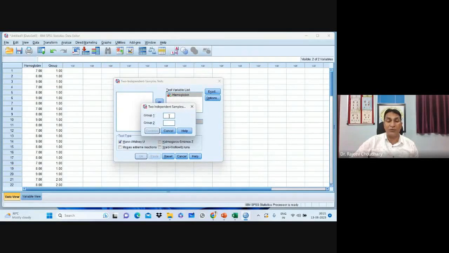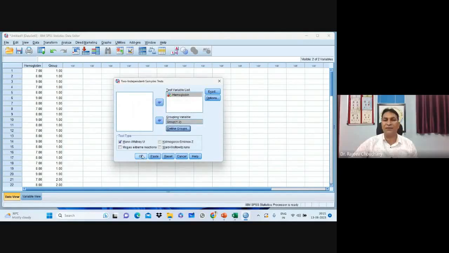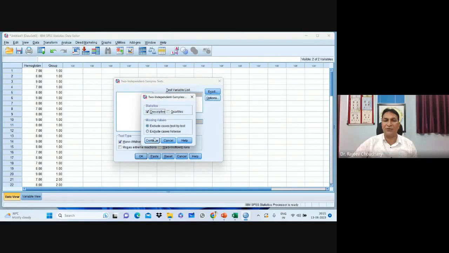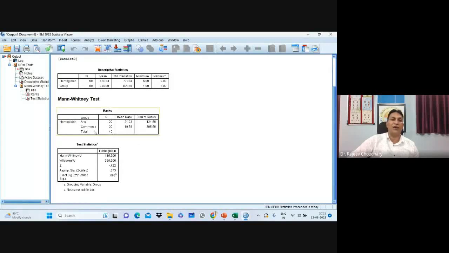We are not supposed to write 3. We are comparing only 1 and 2, two groups. Click Options, get the descriptive also, continue, and click OK.